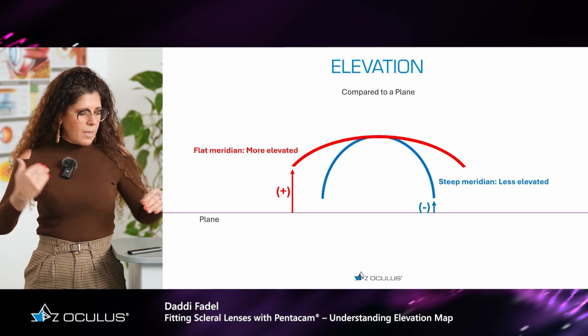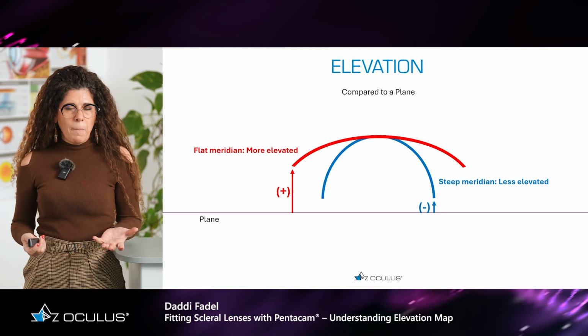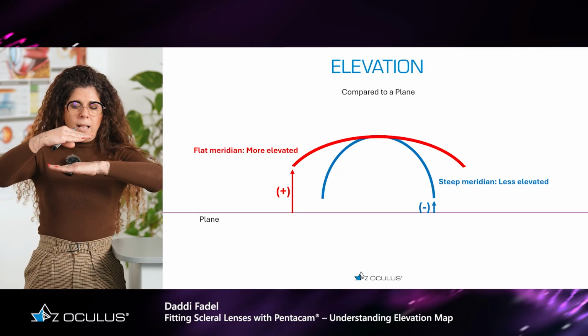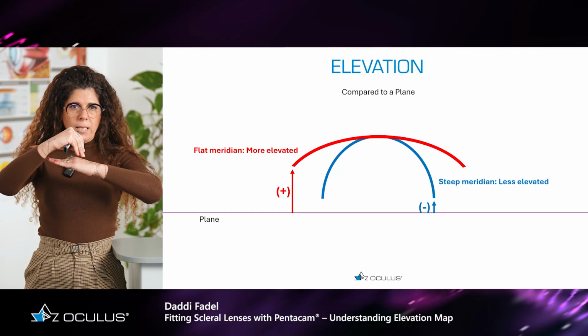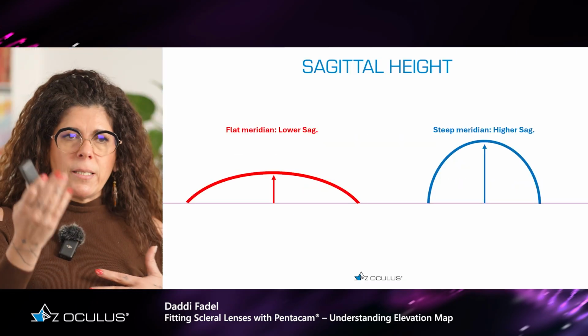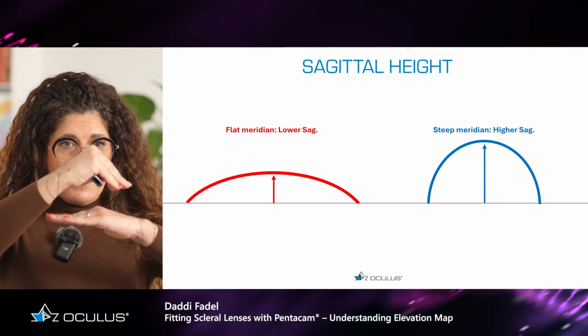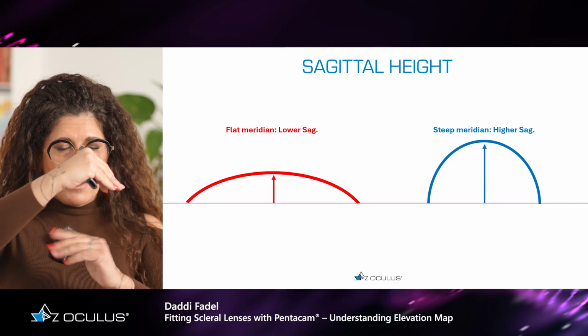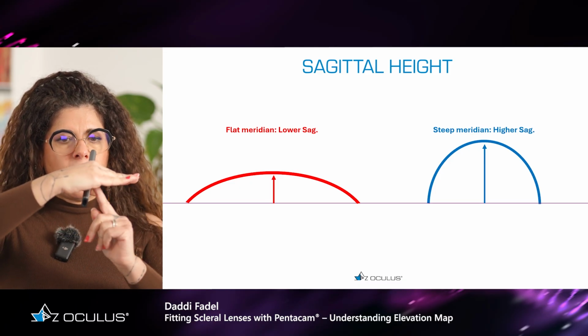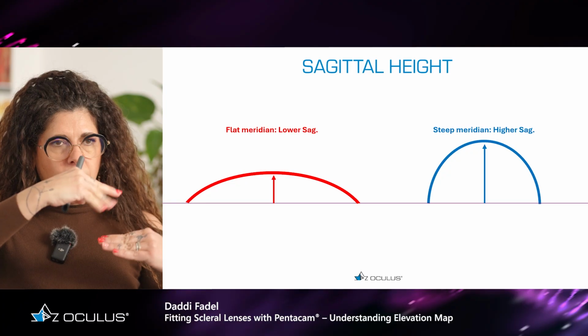So this is something that every clinician can do and remember: flat is more elevated, steep is less elevated. You can see it here from the graphs, but you can still use your hands. The steepest meridian has the higher sagittal height, the flattest meridian has lower sagittal height.